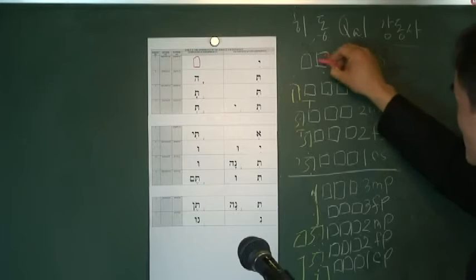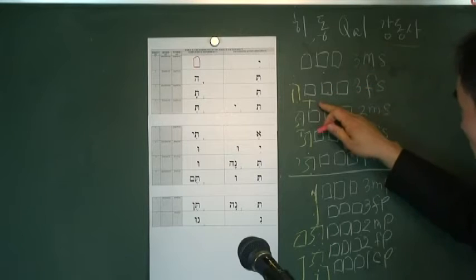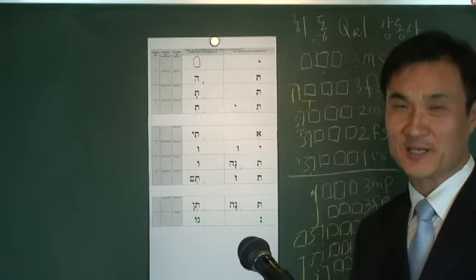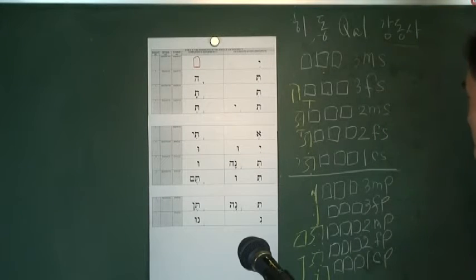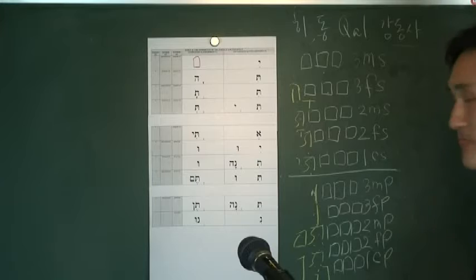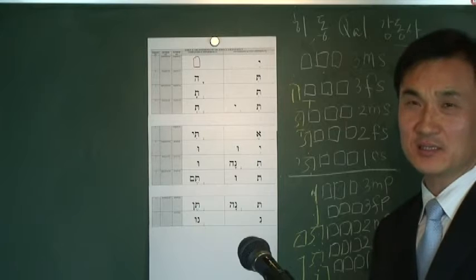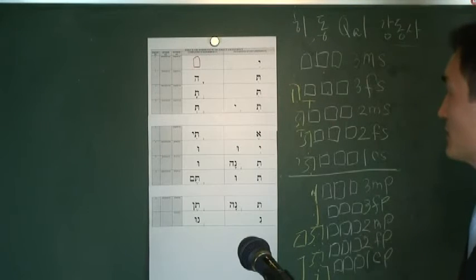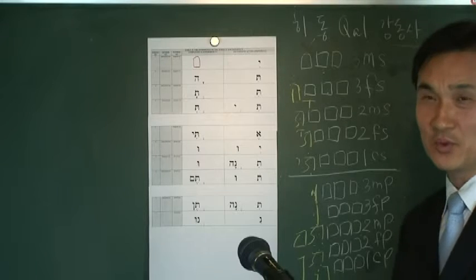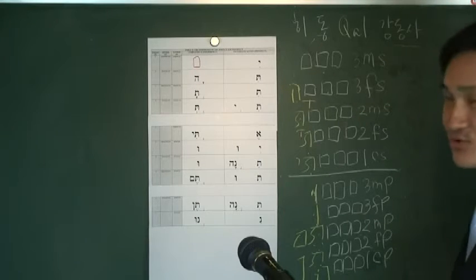There is something we must note here on the board. The spaces for the three consonants and the endings, according to the person, gender, and number, are like a model of a product. Any consonant that is put in the model will have a verb form of the kal, the pual, and other forms as well.